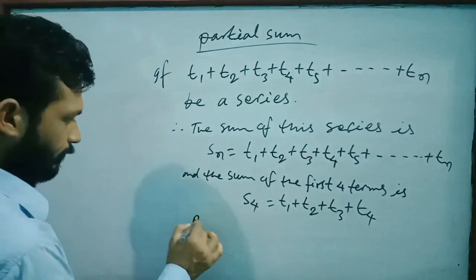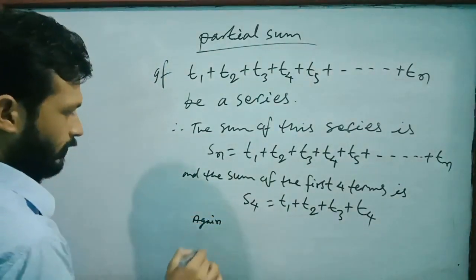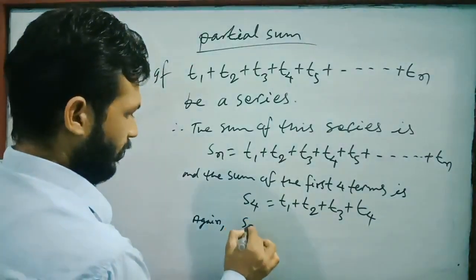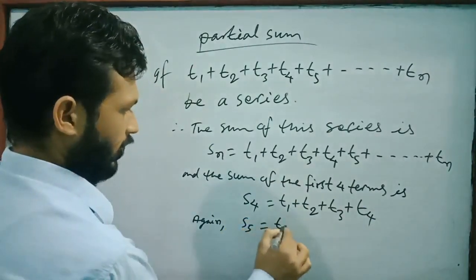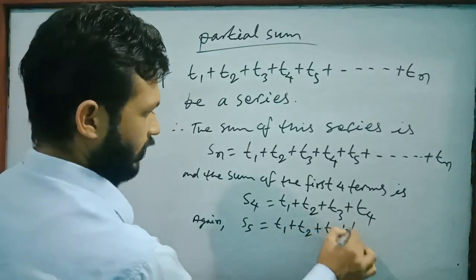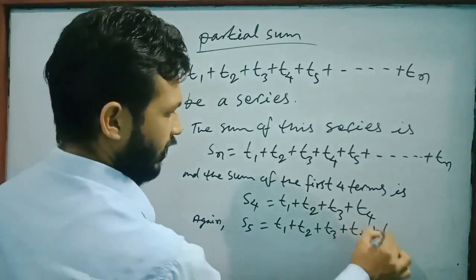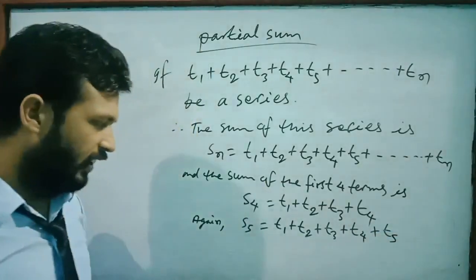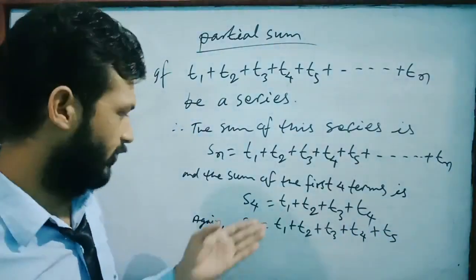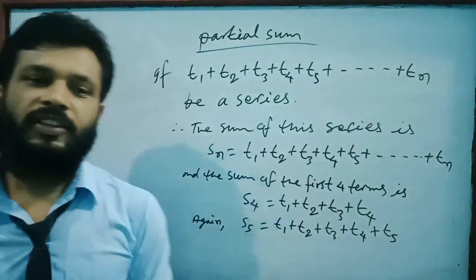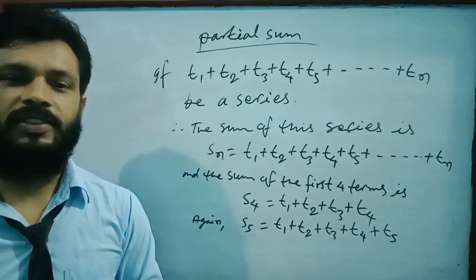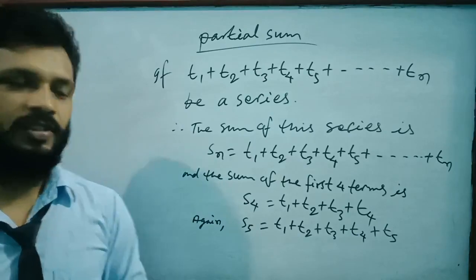Again, the sum of the first 5 terms is S5, T1 plus T2 plus T3 plus T4 plus T5. Are you clear? S4 means the sum of the first 4 terms and S5 means the sum of the first 5 terms. Understood?